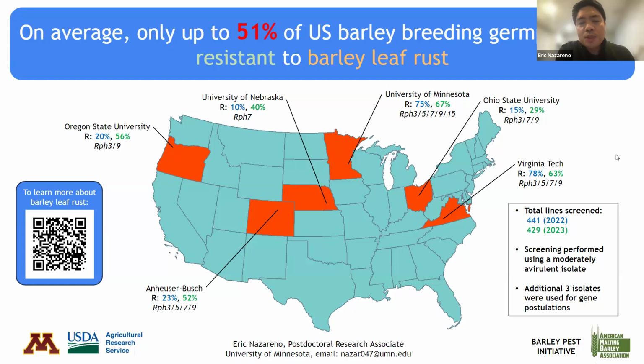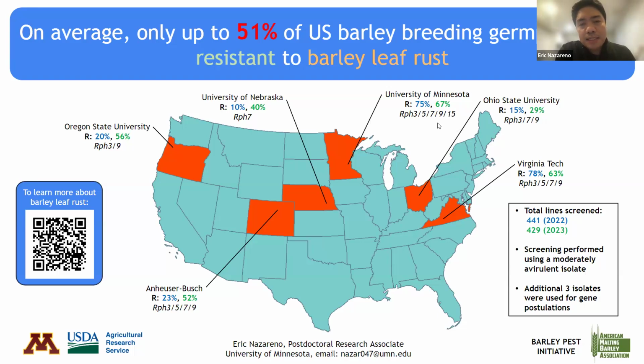In our group, we not only study the host side, we also study the pathogen side. We do annual surveys of Puccinia hordei, and across a 30-year period, we found variation in virulence within the United States.